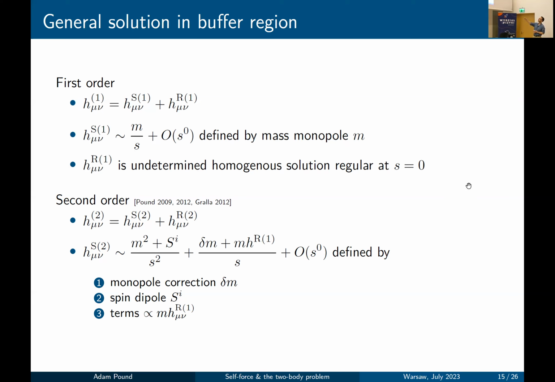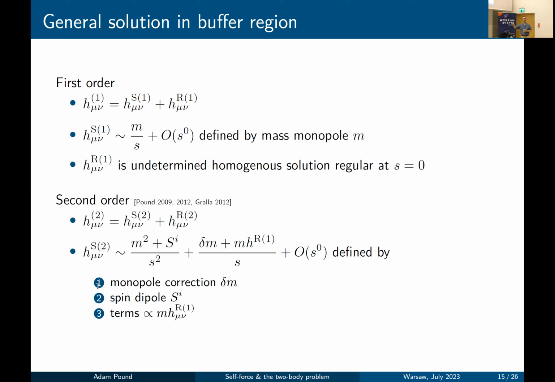This HR1, when extended down to s equals 0, is not just smooth, but it's a homogeneous solution, a vacuum solution at s equals 0. So that's first order. At second order, you do the same analysis. And what happens is you just get higher multipole moments of the small body and more singular powers of s.